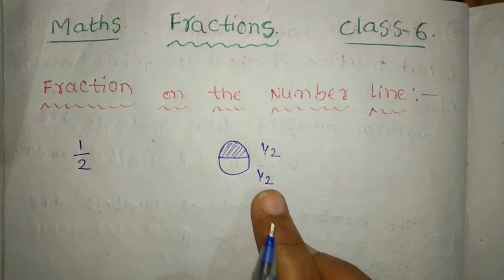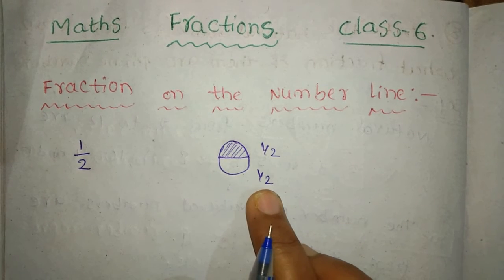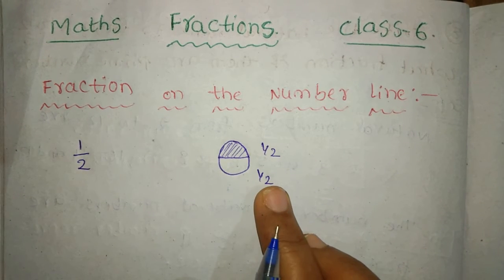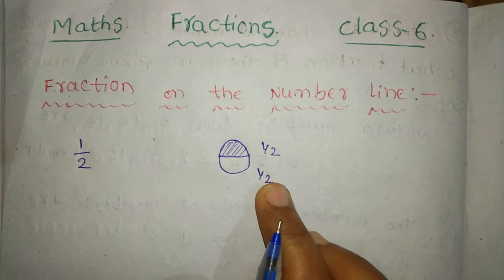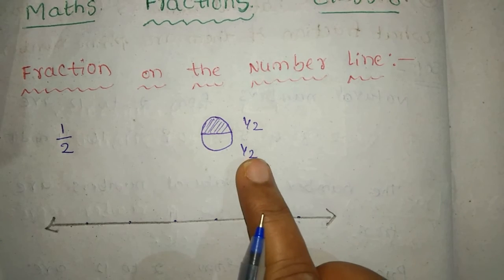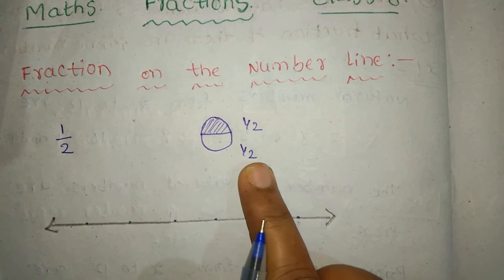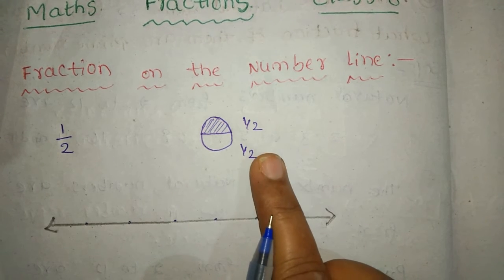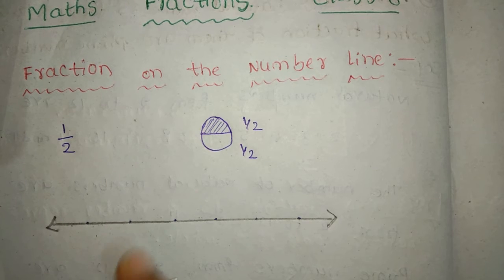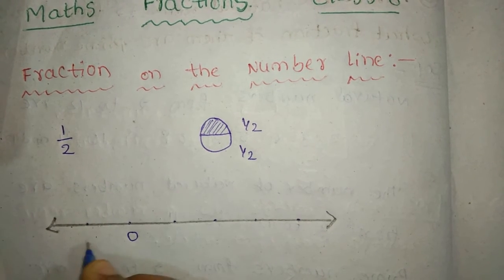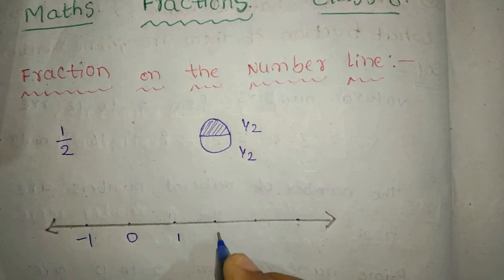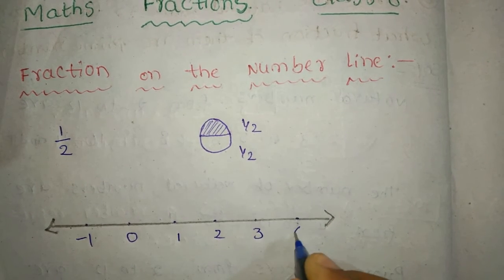Now it is greater than 0 but less than 1. So then we draw the number line and indicate the numbers: 0, minus 1, 1, 2, 3, 4.